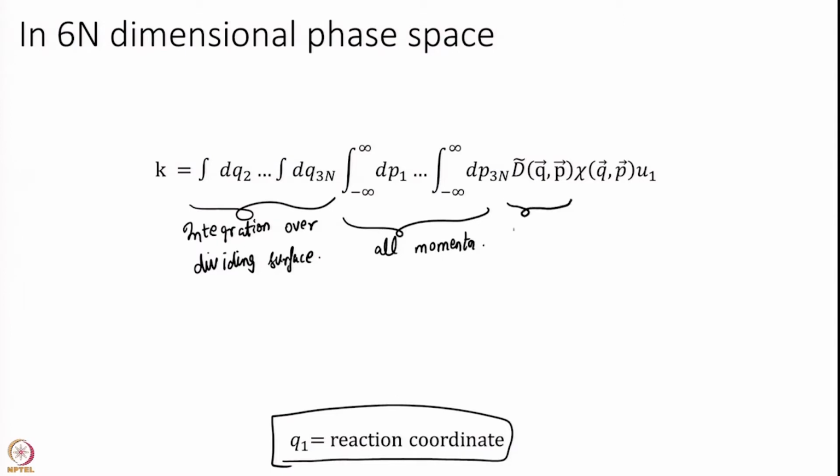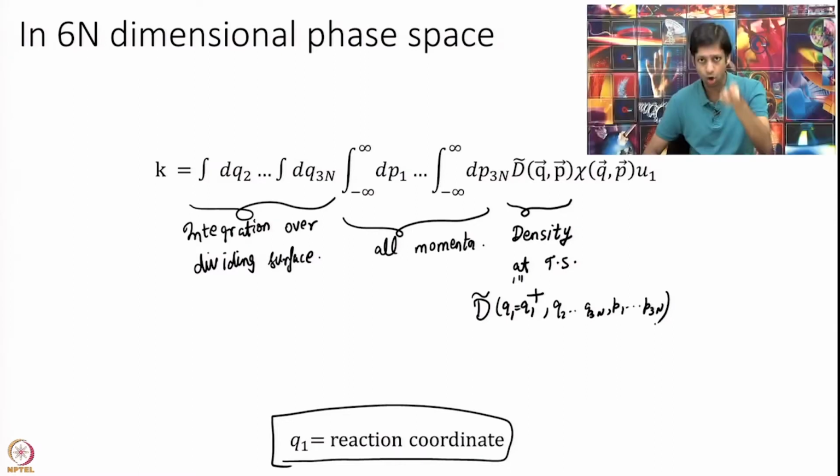D here tells me density at transition state. So, I have used a little bit of a shorthand notation. What this is exactly is Q1 equal to Q1 dagger, that is my Q1 is set at the transition state, and all other coordinates. So, this is my density per unit length along Q1.